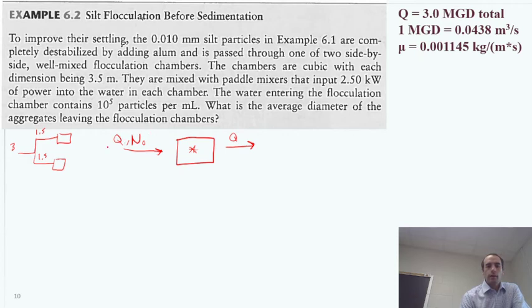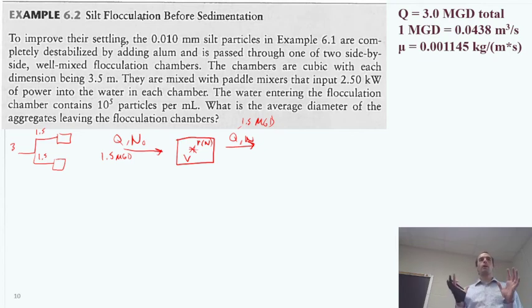And this Q is 1.5 mgd, because we're just identifying one of the two. And N. We know we have some sort of reaction in here, that's the flocculation that we're intending, and we should be able to solve for the volume. So now it looks a lot more like a conventional CSTR system that we can work with.